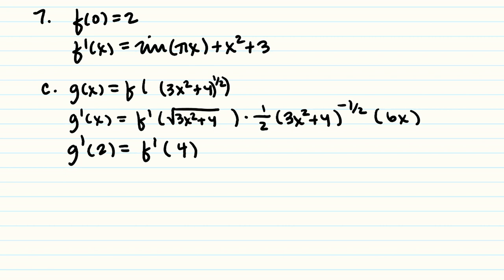So f prime of 4 times 1/2 times, well, that's the same thing, except it's going to be flipped, times 6 times 2 is 12. All right, so I just need to find out what f prime of 4 is. Well, f prime of 4 is sine of 4 pi is 0 plus 4 squared plus 3 is 19.